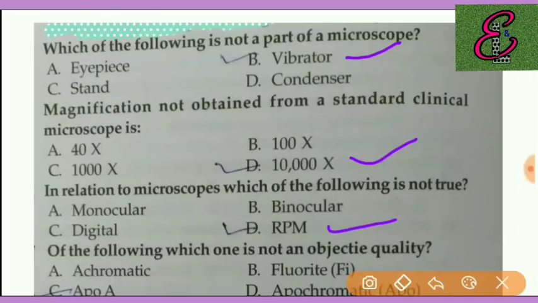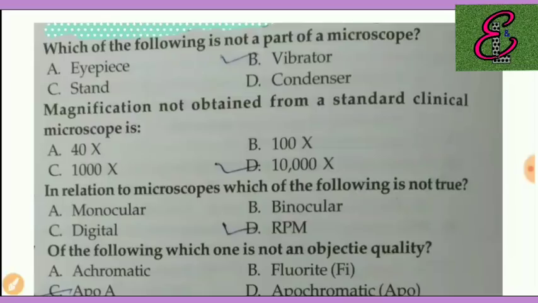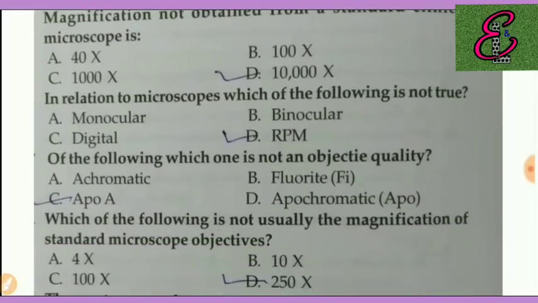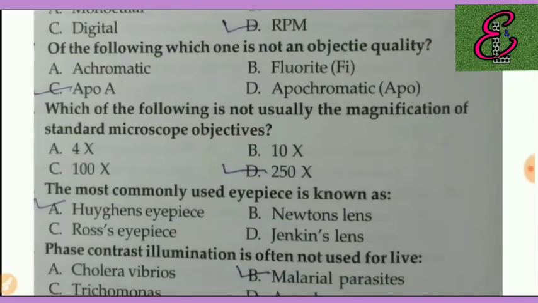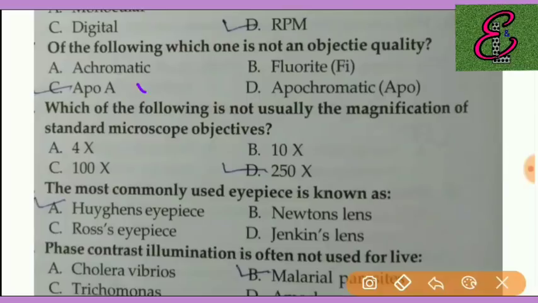The next question, of the following, which one is not an objective quality? The right answer is APOA.